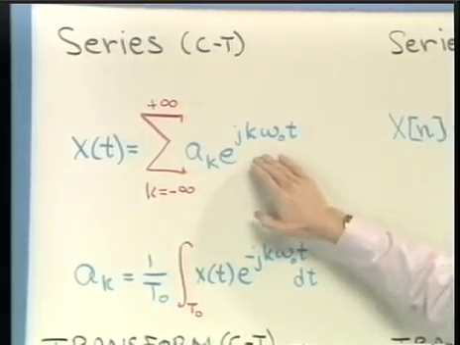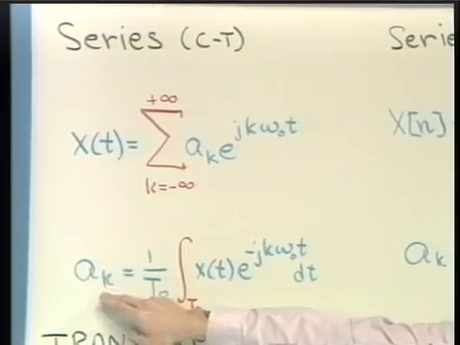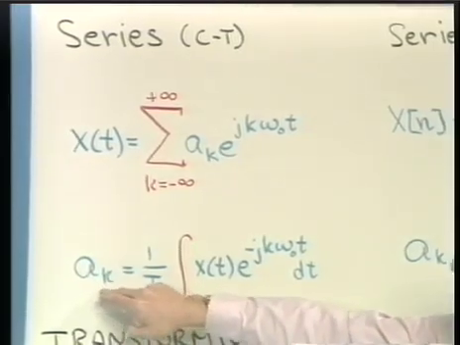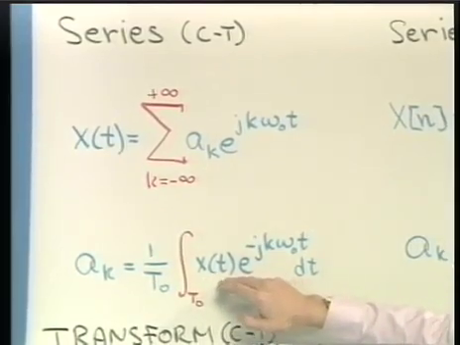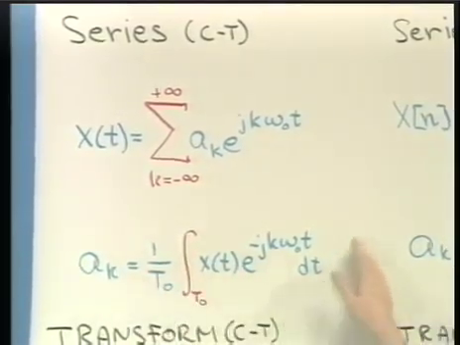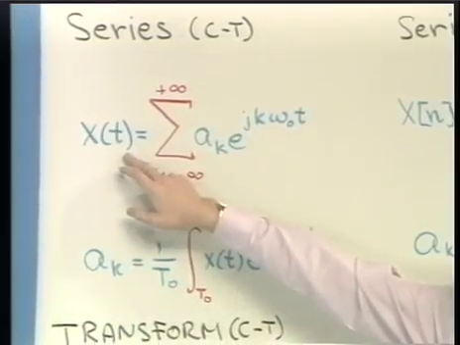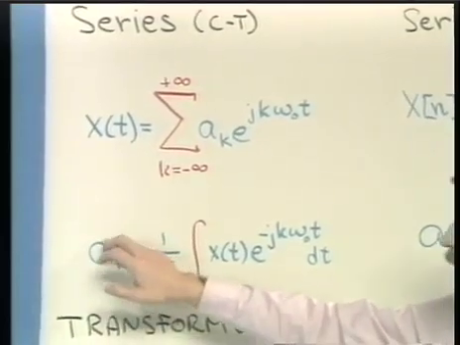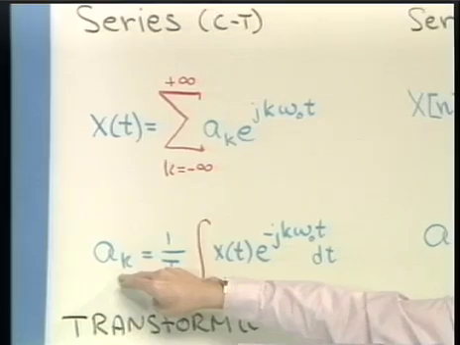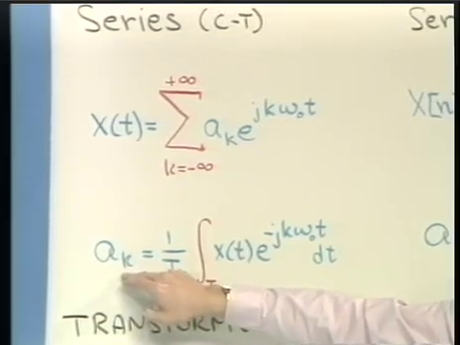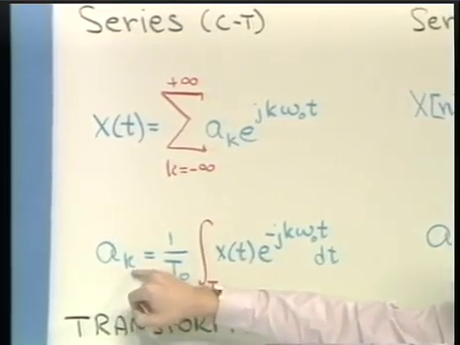And we saw an analysis equation which tells us how to get these Fourier series coefficients through an integration on the original time function. And notice in this that what we have is a continuous periodic time function. What we end up with, in the frequency domain, is a sequence of Fourier series coefficients, which in fact is an infinite sequence, namely requires all values of k in general.